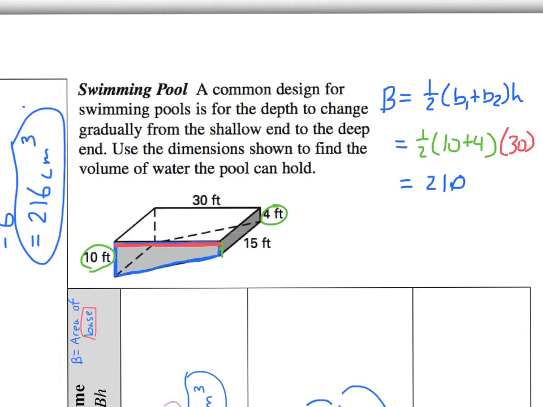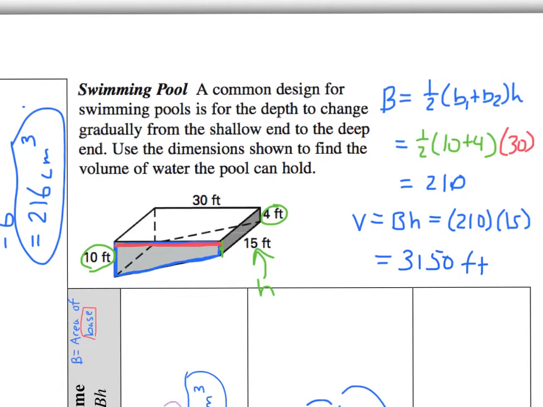All right, now the height of my swimming pool here is actually the distance between the bases, so that's 15. So the volume is going to be capital B times H, which is 210 times 15 to get exactly 3150 cubic feet.